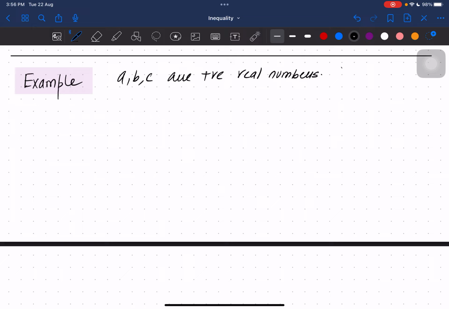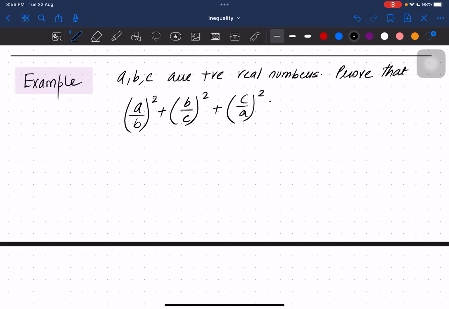Then prove that (a by b) whole squared plus (b by c) whole squared plus (c by a) whole squared, the sum is greater than or equal to a by c plus c by b plus b by a.